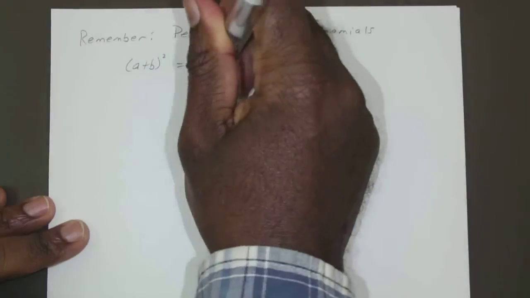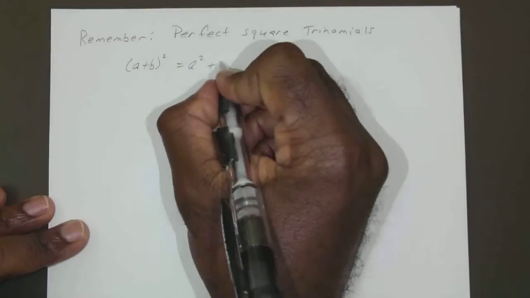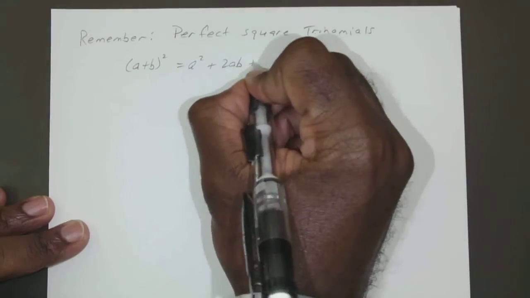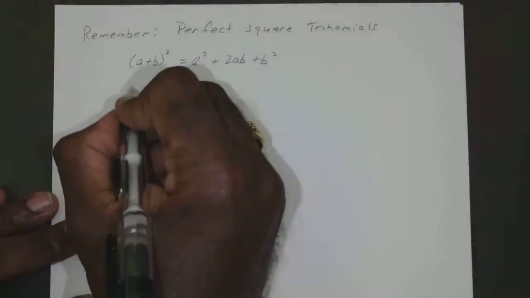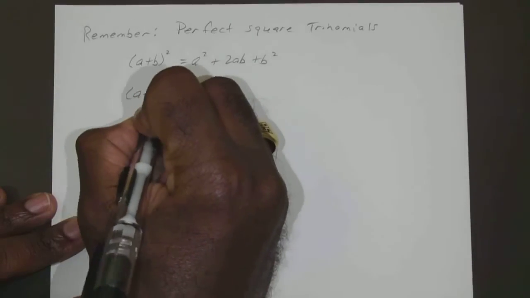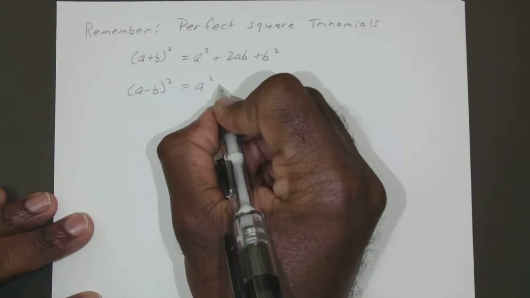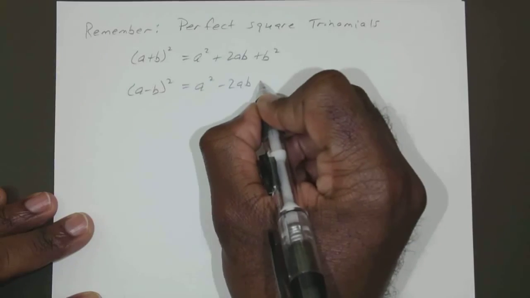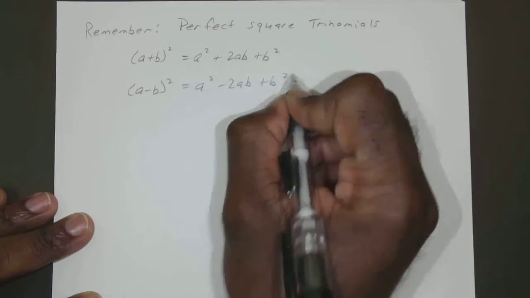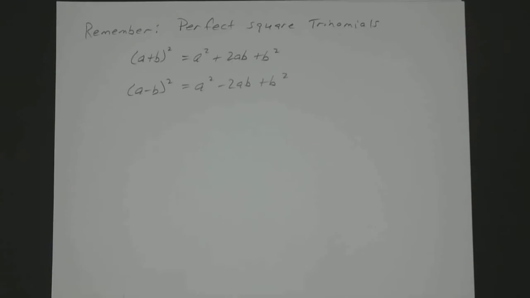I don't know why I forgot the 2 there. Plus b squared. And (a minus b) squared is equal to a squared minus 2ab plus b squared. Okay. Now, some of the questions you will have to kind of revert back to this.